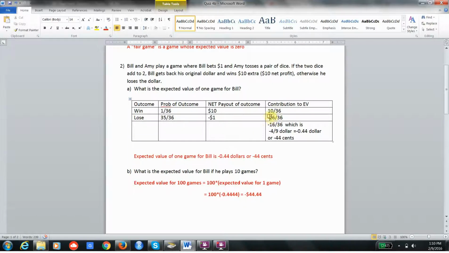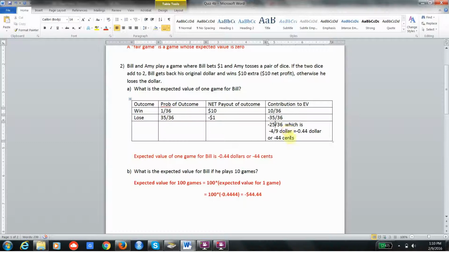Okay, and then we're going to multiply this by 10 and get 10 over 36. Multiply this by minus 1 and get minus 35 over 36. And then I'm just going to subtract them. So that's going to be minus 25 over 36. And that doesn't reduce down any further, so we have to actually compute that out.